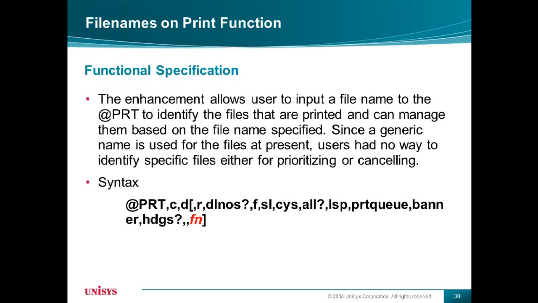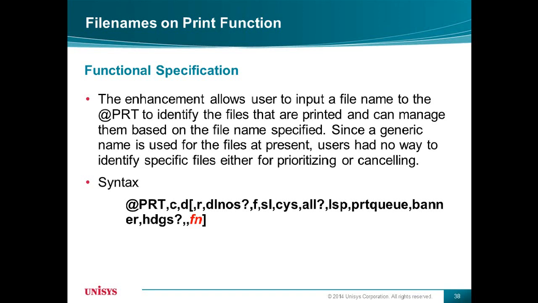So we have enhanced this @PRT, where you can specify the file name as an input option to it, so that we can identify which user or which station has sent the information. Based on the file name that's being sent as an input to the printer, we can either prioritize or cancel the printing of the reports.